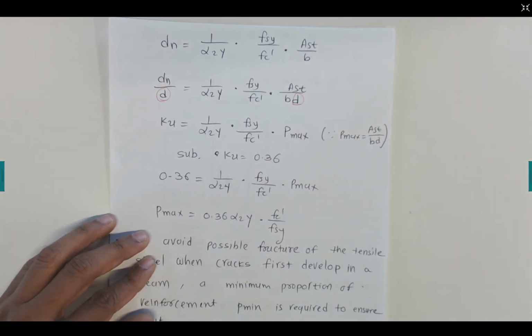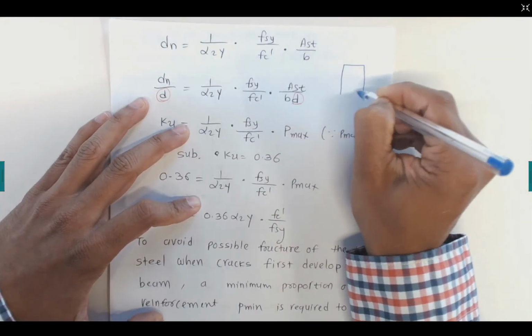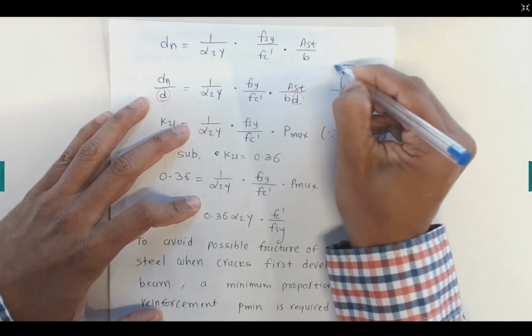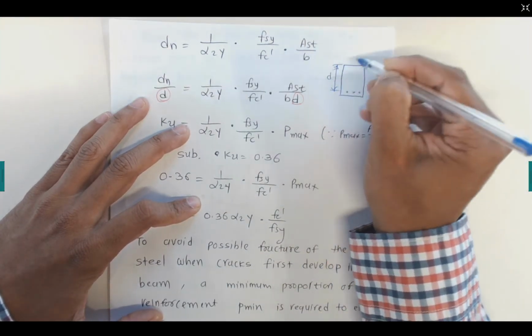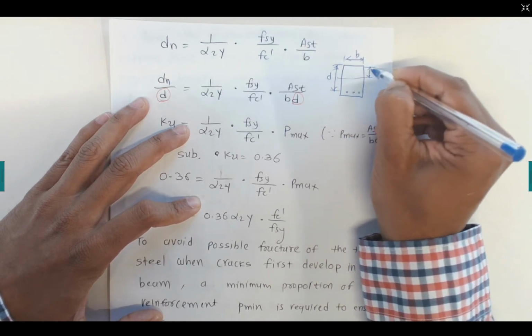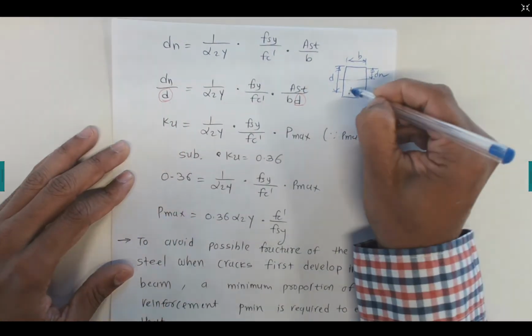Please note this b and d notation: if I take the reinforcement, this is d, this is b, and the neutral axis depth is dn.